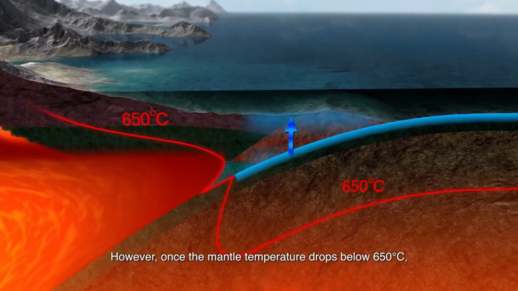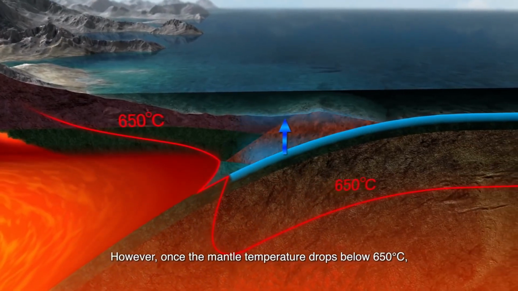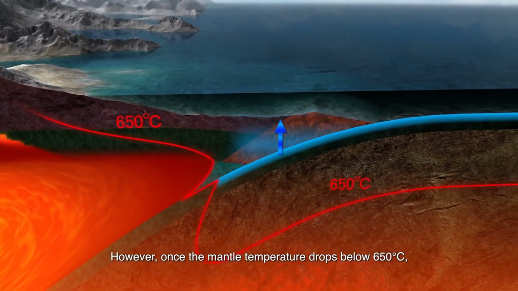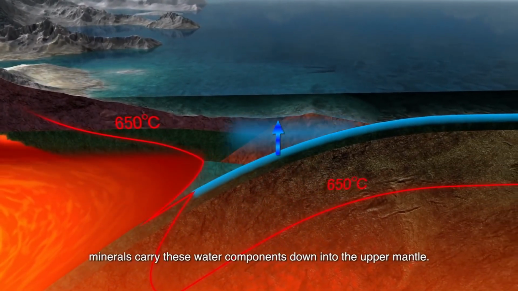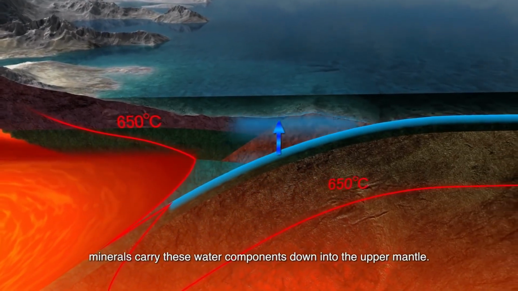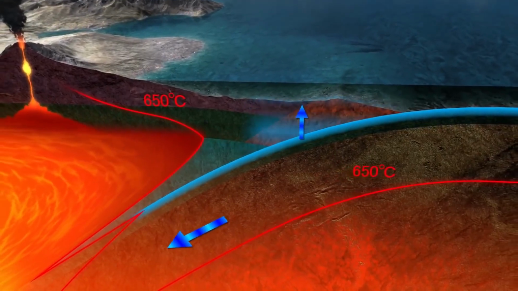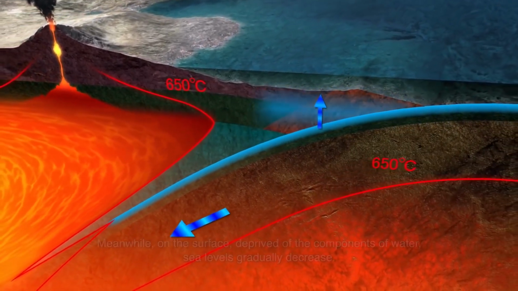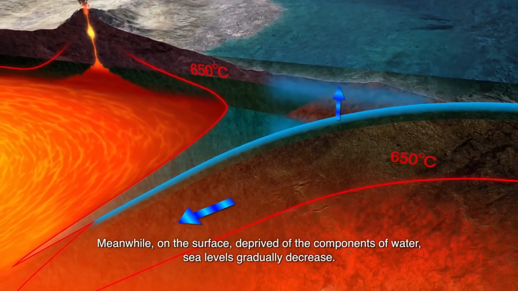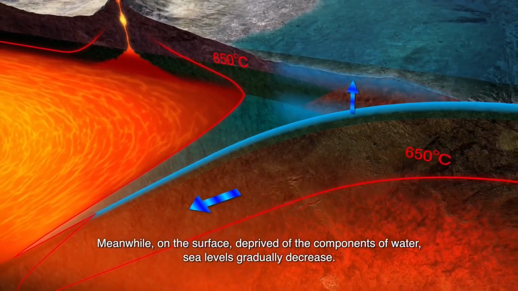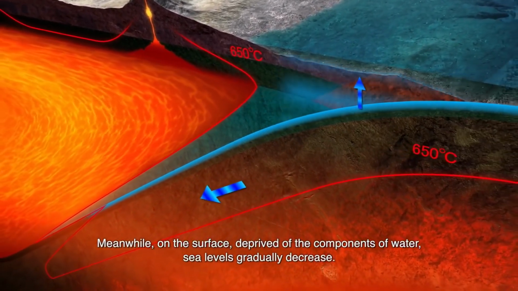However, once the mantle temperature drops below 650 degrees Celsius, minerals carry these water components down into the upper mantle. Meanwhile, on the surface, deprived of the components of water, sea levels gradually decrease.